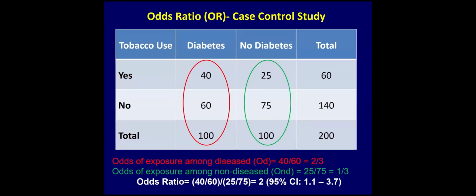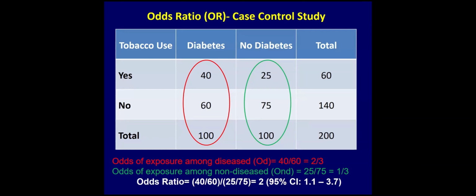And by just looking at this confidence interval, I'm pretty sure the odds of exposure to tobacco is definitely higher in those who are diabetic compared to non-diabetic. Is that okay? Because it does not include the null value.